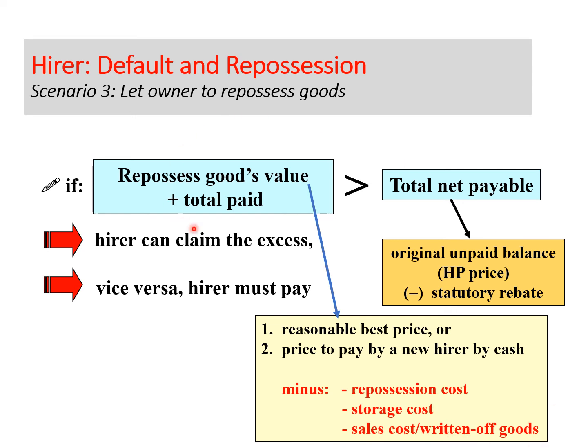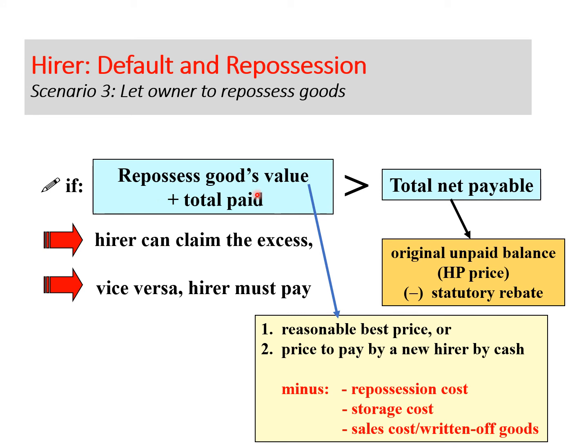Then you add that to the total amount that the hirer has paid. Then you compare with the total net payable. For the total net payable, basically you take your HP price minus your statutory rebate.